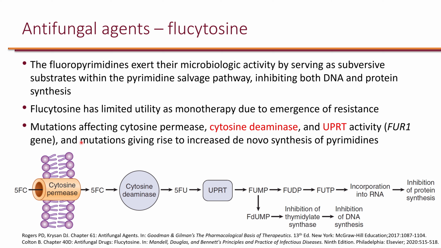Mutations affecting cytosine permease, cytosine deaminase, and UPRT activity can lead to resistance to this agent. Because there are so many targets for mutations leading to resistance, this agent should never be used as monotherapy. Anytime you see flucytosine, it will be bundled with another antifungal agent for most fungal infections.